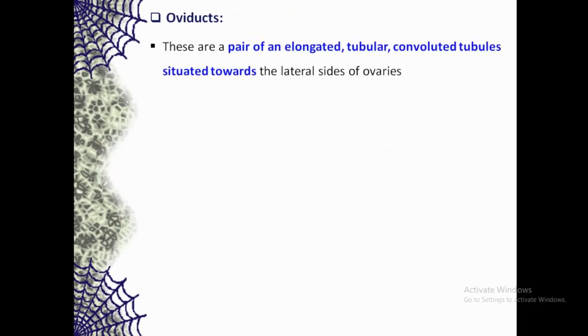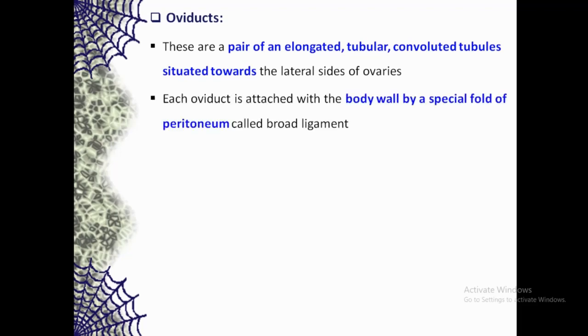The oviducts. The oviducts are a pair of elongated, tubular, convoluted tubules situated towards the lateral sides of the ovaries. Each oviduct is attached to the body wall by a special fold of peritoneum called the broad ligament.